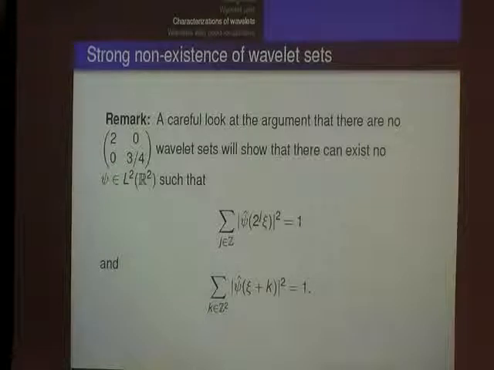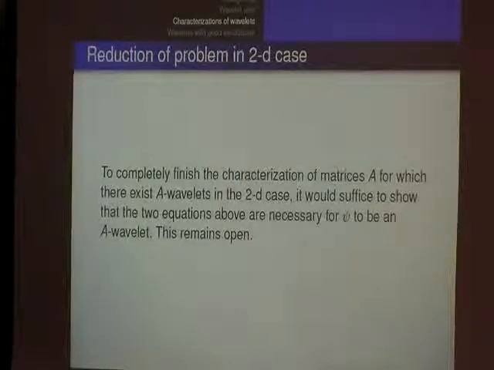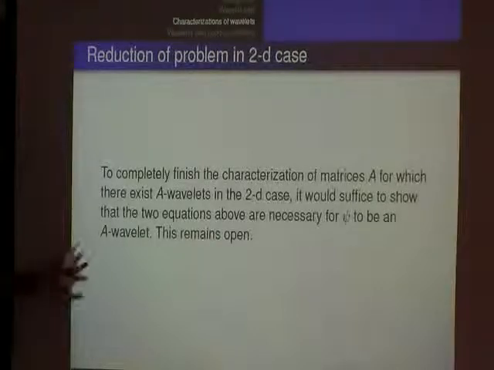Now, this is where the gap is in showing that the characterization of wavelet sets is the same thing as the characterization of wavelets. We don't know whether those conditions are necessary for all dilations. So that's what we would have to do to finish the proof: show that the two equations above are necessary in order for C to be an A-wavelet.